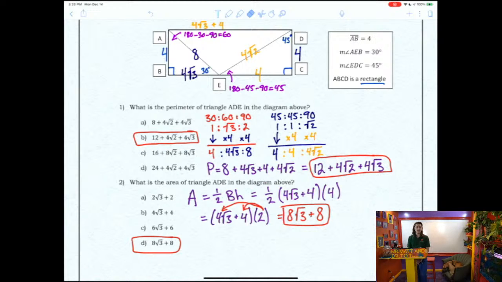So if you know two angles, you can always solve for the third by just subtracting those two from 180. So 180 minus 90 minus 30 will give you 60. So this is a 30, 60, 90 right triangle, and we've talked about these before.